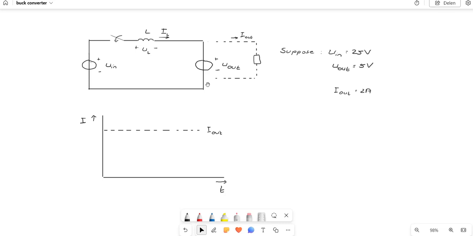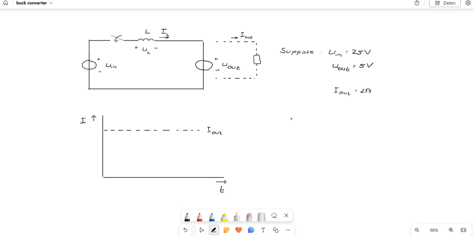Well, what happens when we close that switch? Suppose we have an input voltage of 25 volt over here, and we want to convert that to a 5 volt output voltage. When we close that switch, a current starts to flow, and due to the fact that there is an inductor in the circuit, we can define the voltage across that inductor L in the following way.